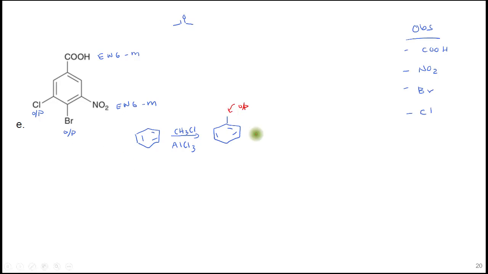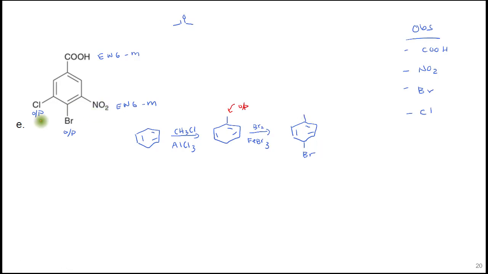So I'm going to leave that group alone right now and add my bromine first. And now I have the ortho position. And if I try to add anything else right now, that's still going to direct my groups ortho or para, because that methyl group is the one directing.